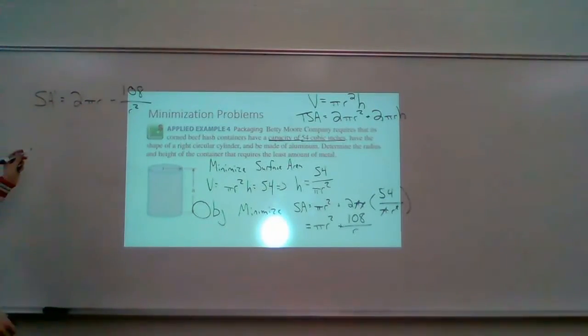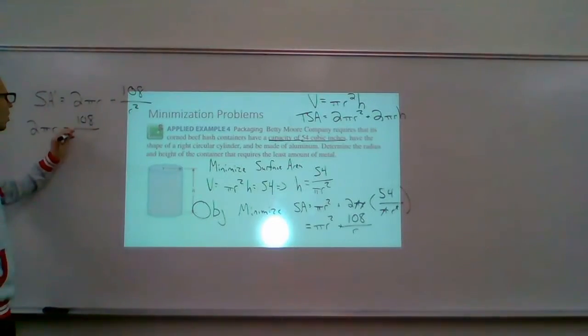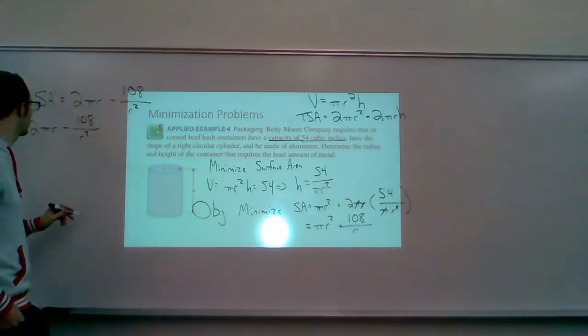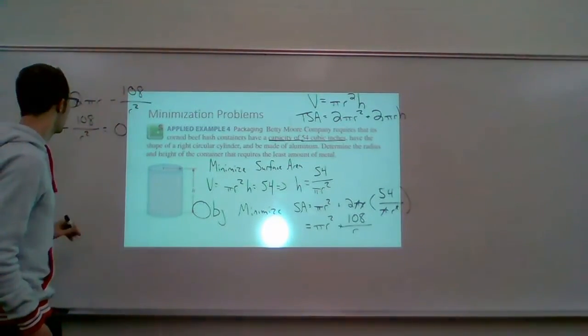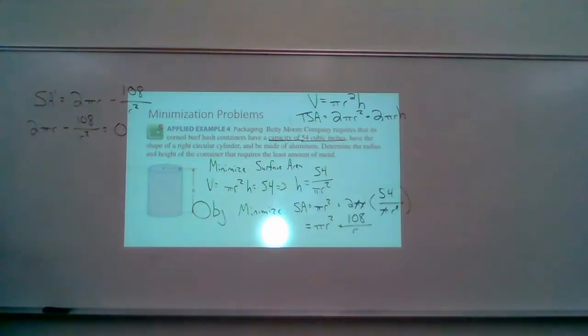Now, what we want to do, we want to set this equal to 0. So 2 pi r minus 108 over r squared needs to equal 0. We're going to multiply both sides by r squared to get this r squared off the bottom.